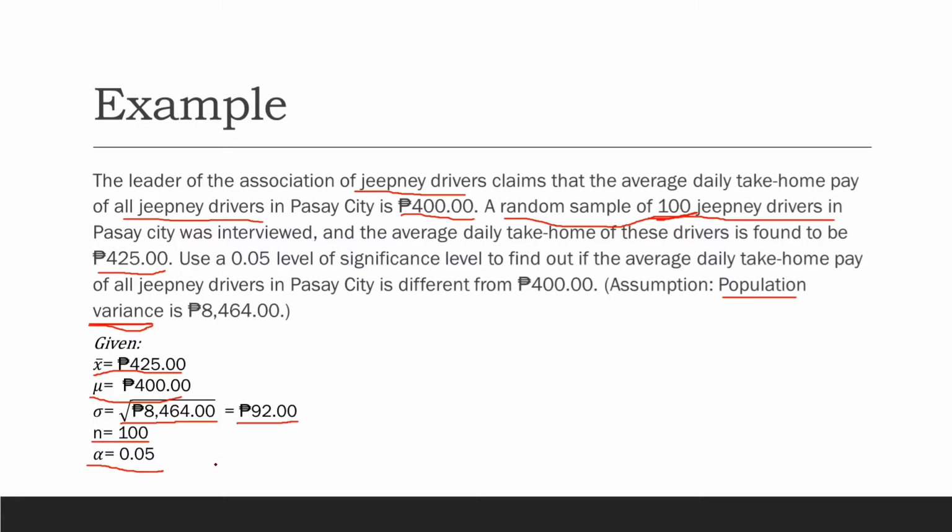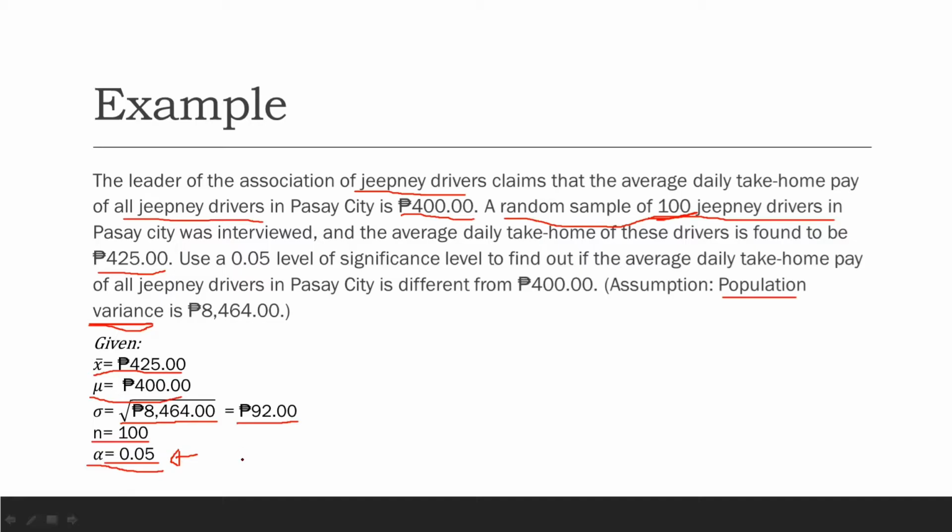So, bago tayo tumungo dun sa ating next step, we need to identify kung ang alpha or level of significance na ito ay for two-tailed or one-tailed. Paano ba natin ma-identify kung etong alpha natin dito is one-tailed siya or two-tailed? Kasi diba sa ating t-distribution, meron tayong 0.05 for one-tail and meron din tayong 0.05 for two-tailed. So, we need to get kung anong tail ito para tama din yung ating solution.